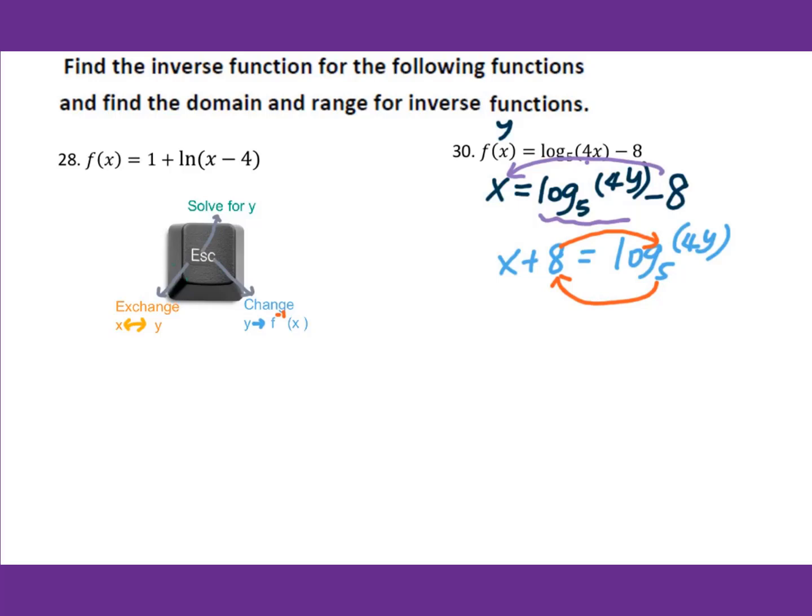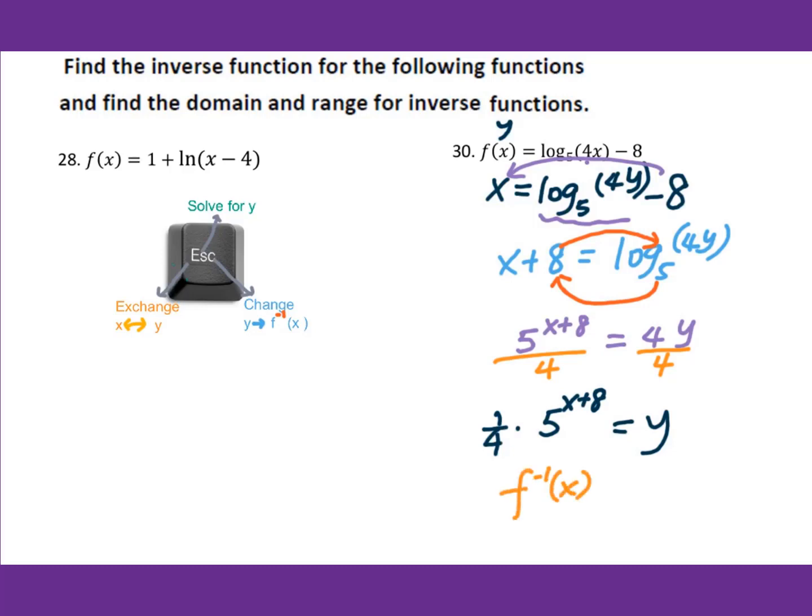We got 5 to the x plus 8 power equals 4y. Then we divide by 4 both sides. You will get y equals 1 over 4 times 5 to the x plus 8 power. Then we change into the inverse symbol, equals 1 over 4 times 5 to the x plus 8 power.